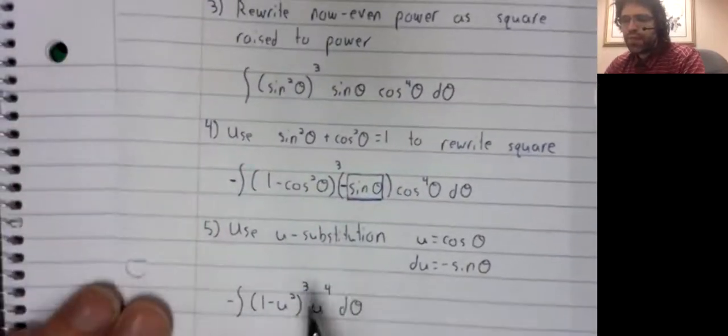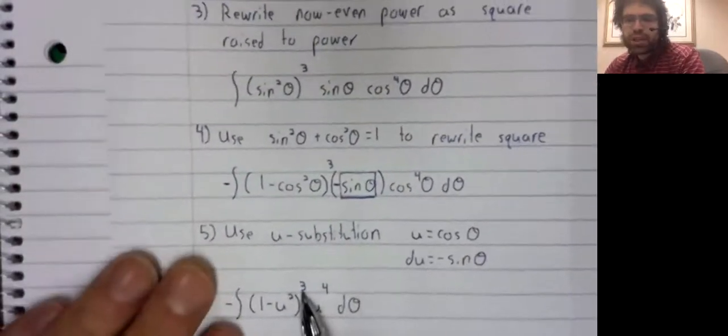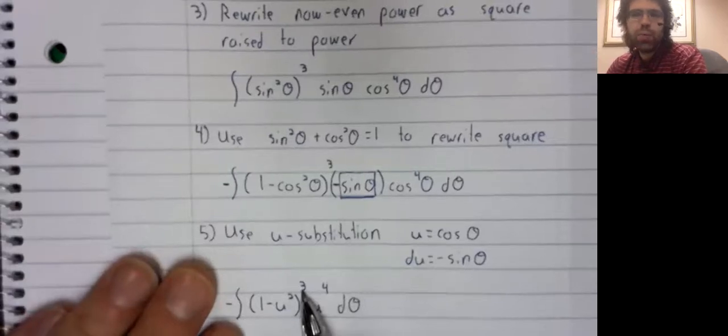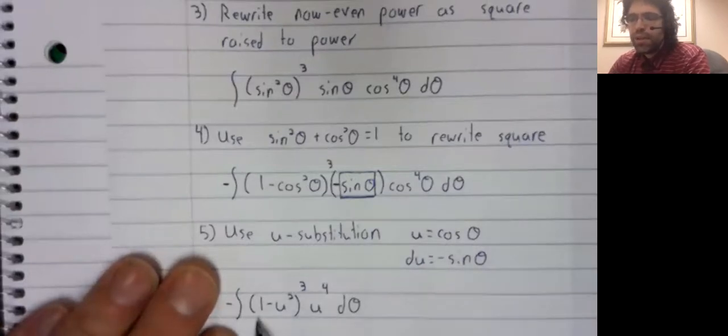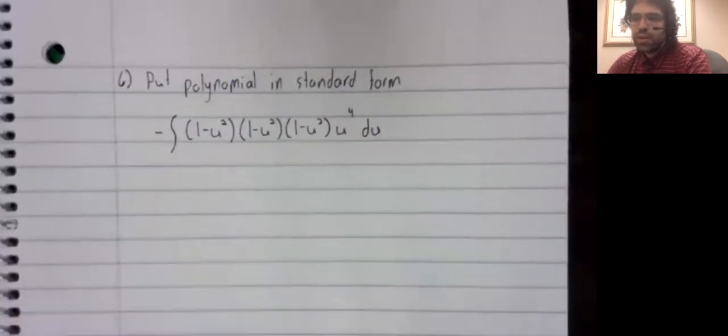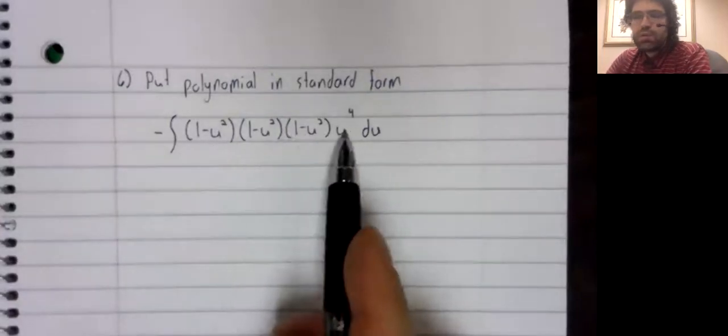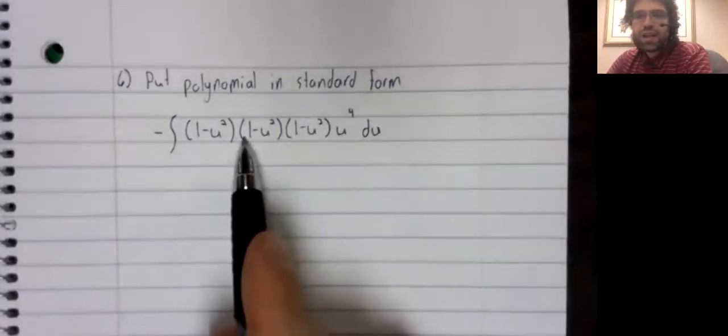And if you have a very high power here, like if we had a 20 or even a 5 or a 7 or something, putting this in its standard form is not a quick piece of work. It requires a lot of effort. So we have to multiply all of this out.